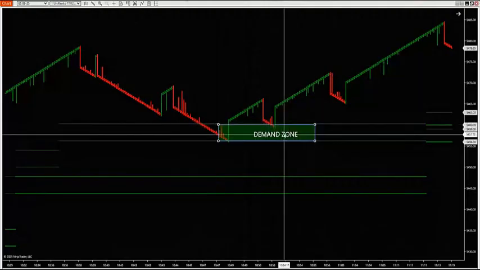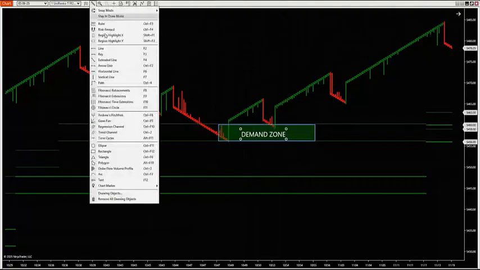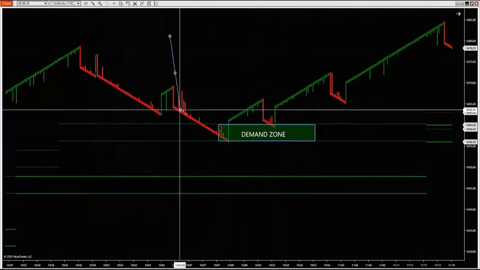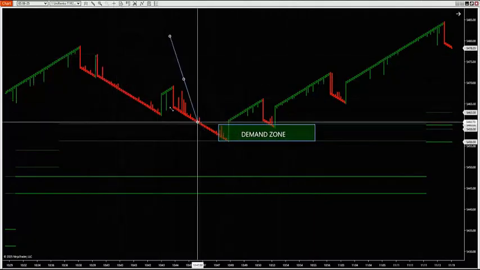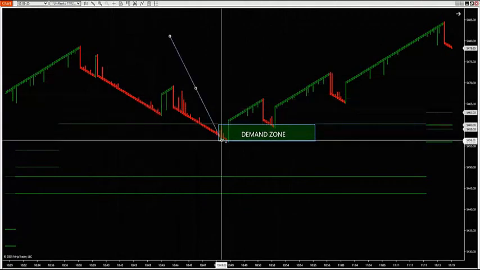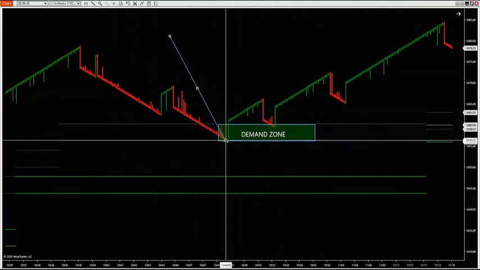All right, this demand zone. What they do is these algos will pull the market back all the way to these zones, grabbing liquidity from these counter trend traders on the way down. And now that they grab liquidity, it needs to stop right inside that zone.